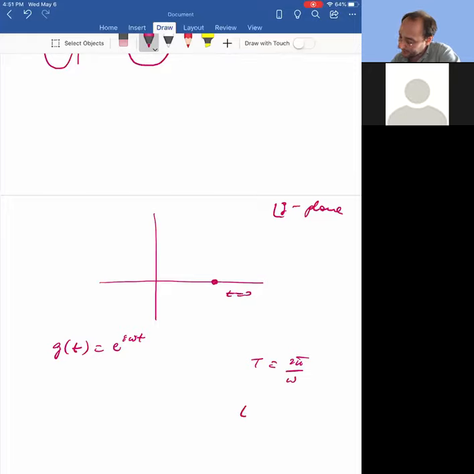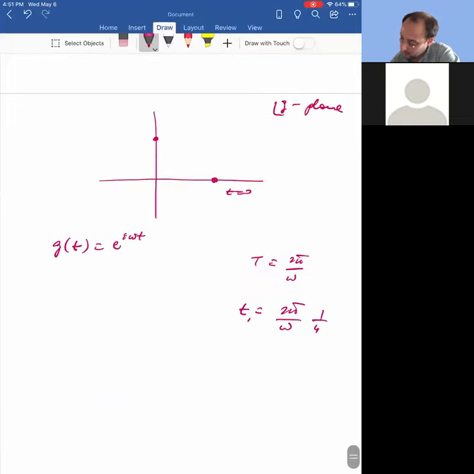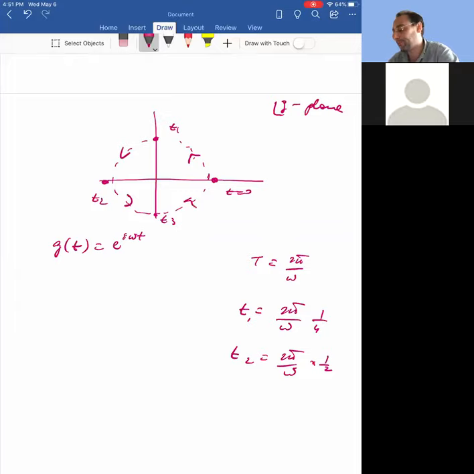So at t equals 2 pi over omega times 1/4, we're here. This is t1. At t2 equals 2 pi over omega times 1/2, we're here. This is t1, t2, t3, and t4. And so we are moving in a circle in the complex plane. It's kind of an abstract idea.